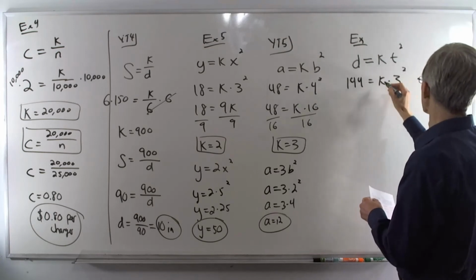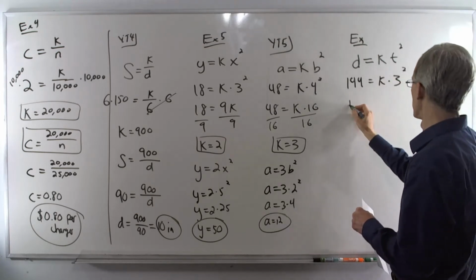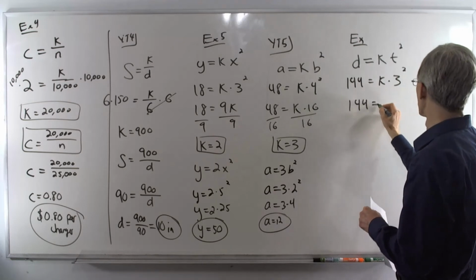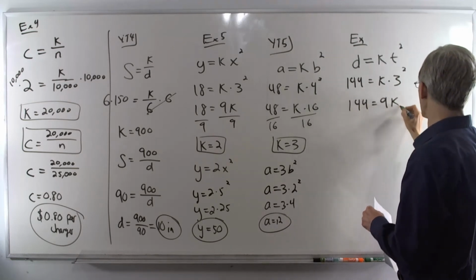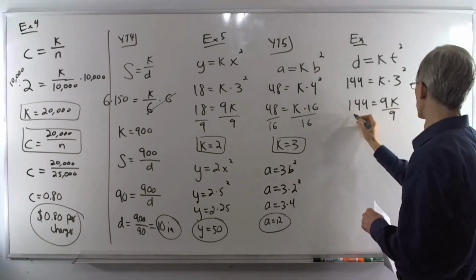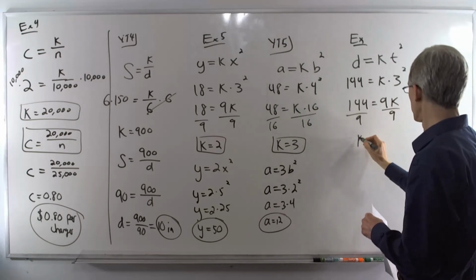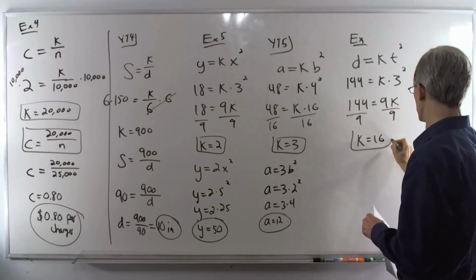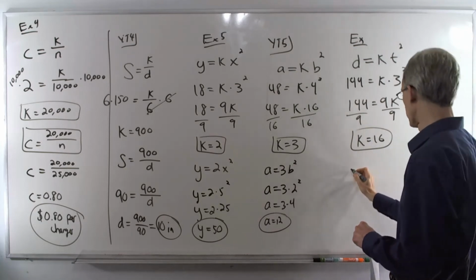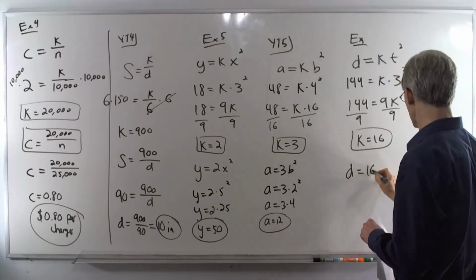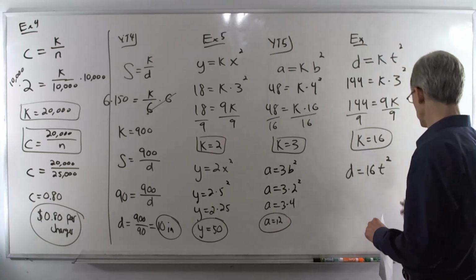And time is 3. So 3 goes in for t. That gives us 144 equals 9k. Divide both sides by 9, and we get k equals 16. So there's our constant of variation. Now our equation is d equals 16 t squared.